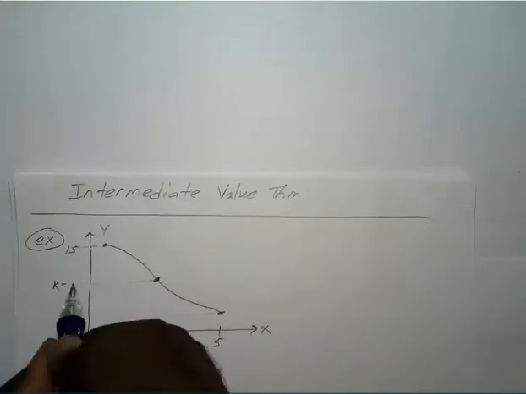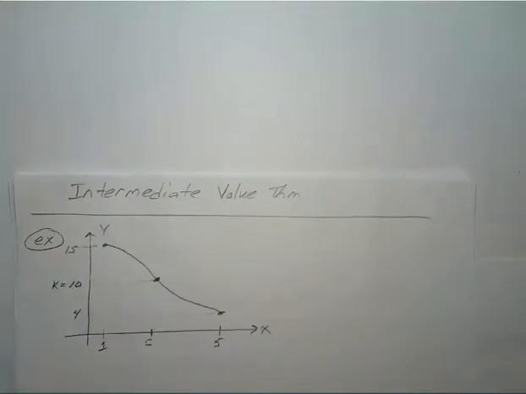So we'll say k is equal to 10. Since k is between 4 and 15, there is at least one c value that will give you that k.